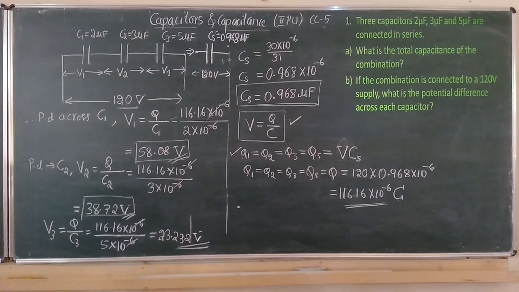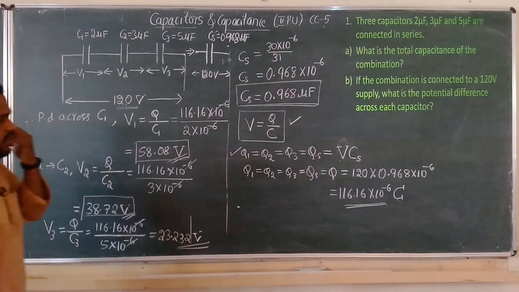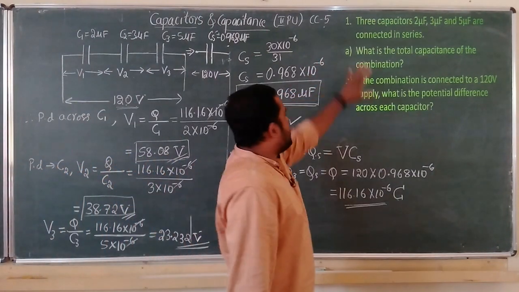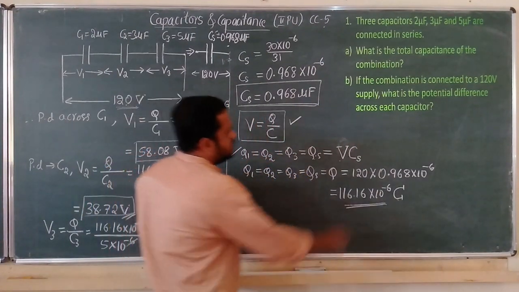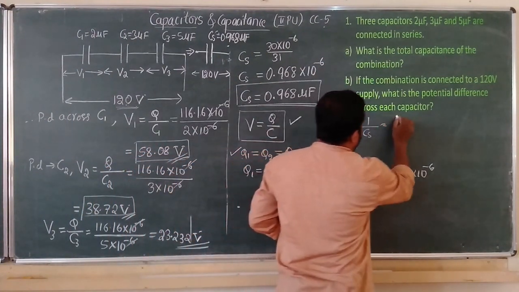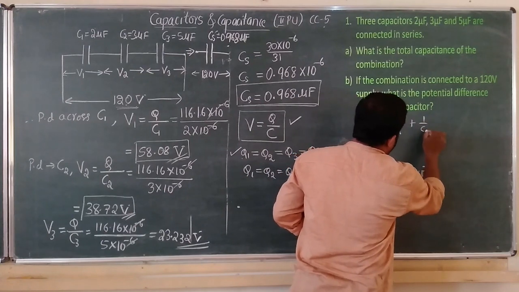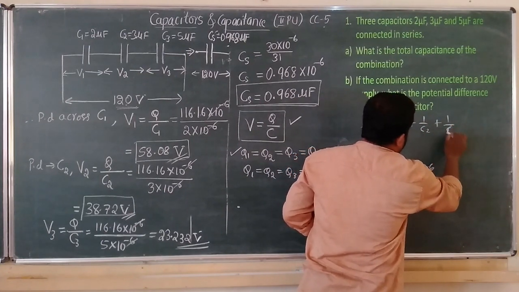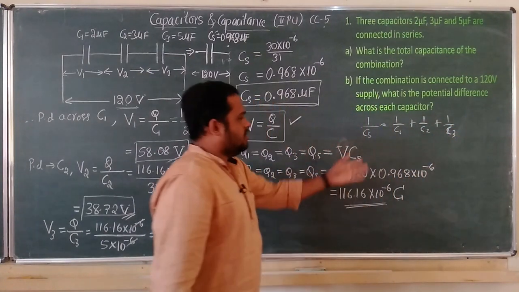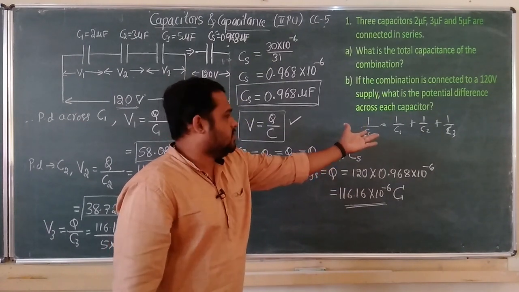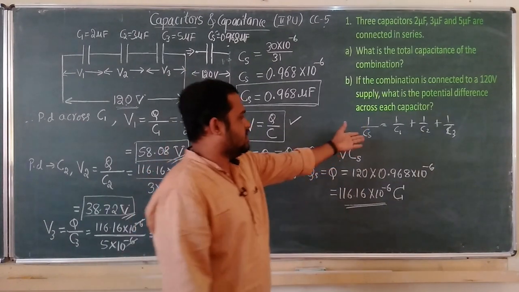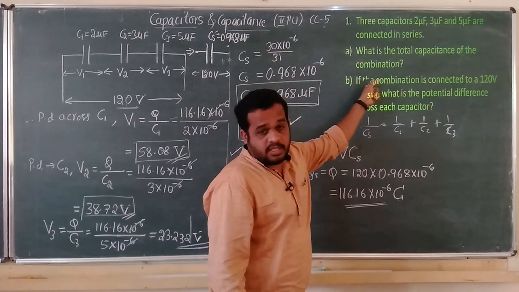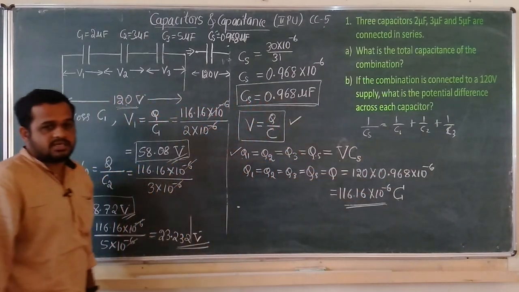So this is how to solve a series combination. Effective capacitance is given by the formula 1 over Cs is equal to 1 over C1 plus 1 by C2 plus 1 by C3. For any number of capacitors, you can calculate the effective capacitance using the same formula. Then how to calculate the potential difference across each capacitor?